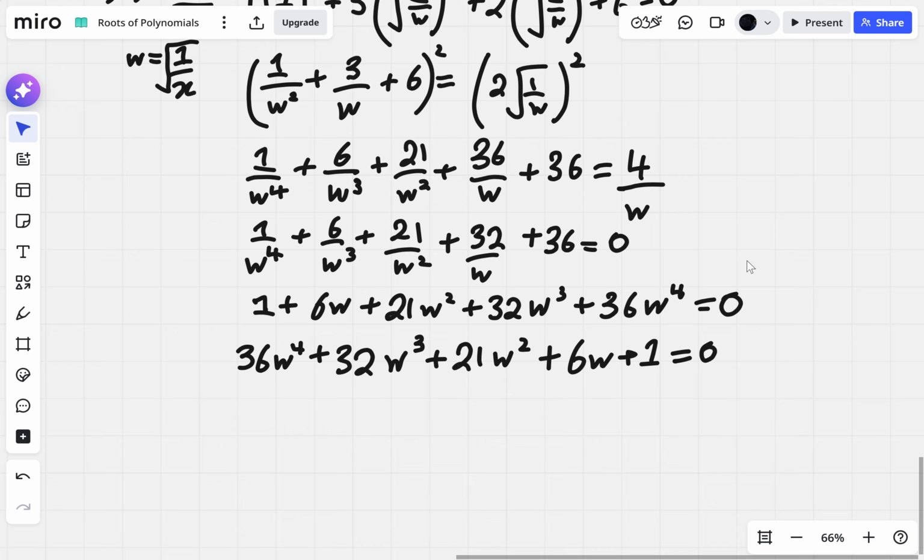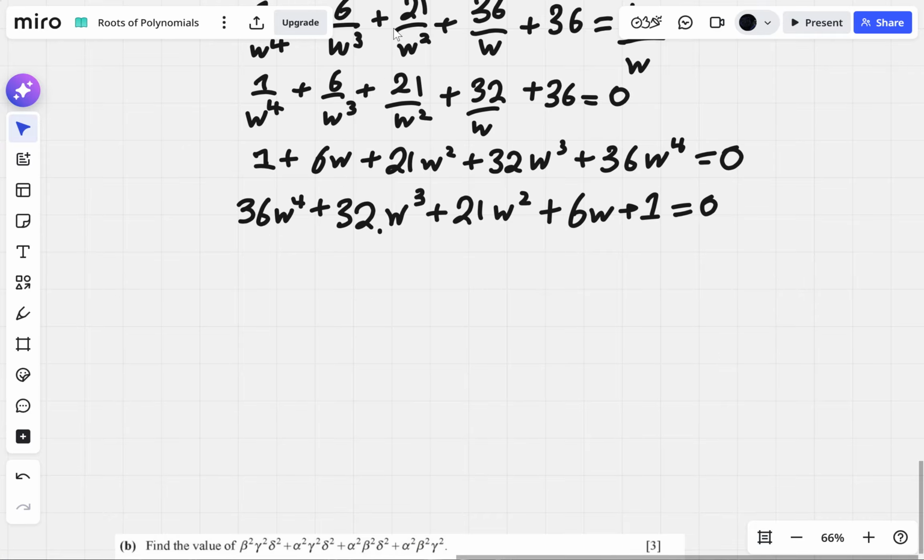That is part 1. Let me bring part 2 down so we can continue with that. Okay, so I almost forgot we had to find, let me just write it down so it's easier, 1 over alpha squared plus 1 over beta squared plus 1 over gamma squared plus 1 over delta squared.